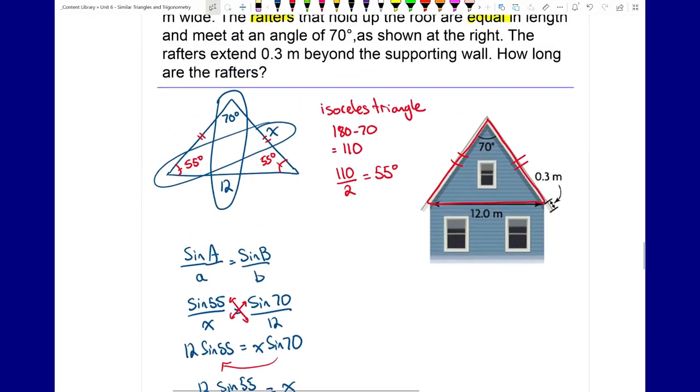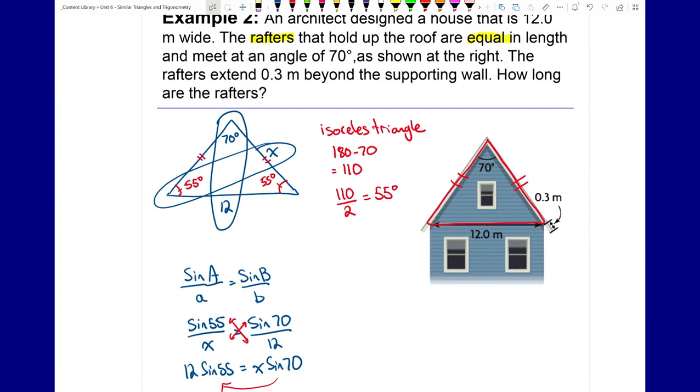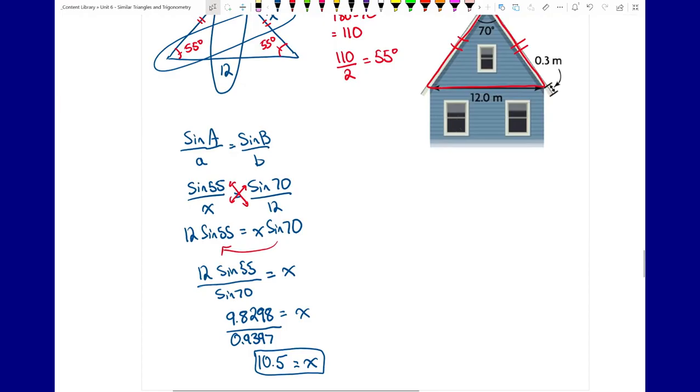Right? However, I want to know how long the rafters are. The rafters also have that 0.3 meters extension beyond the edge of the building. So the rafter length is actually going to be 10.5 plus 0.3, which is equal to 10.8.